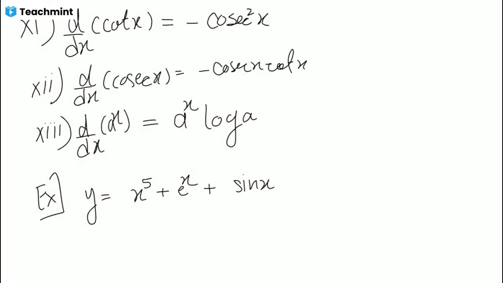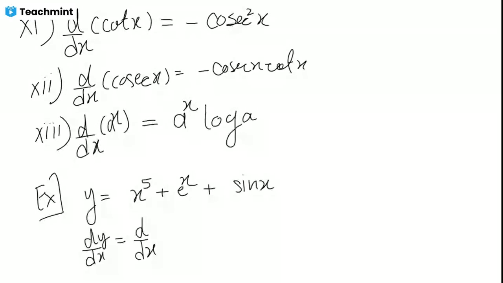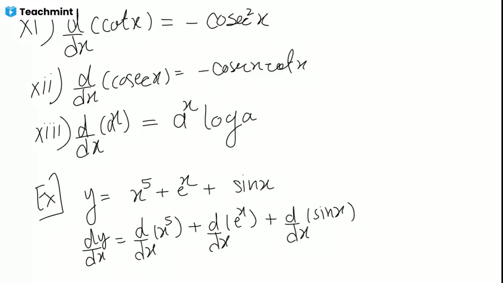So let us find it. d over dx of y is equal to d over dx of x to the power 5 plus d over dx of e to the power x plus d over dx of sin x. Now we'll use the formulas for all of these.